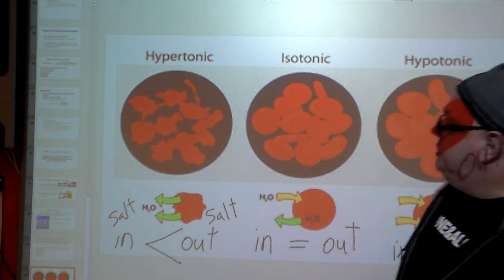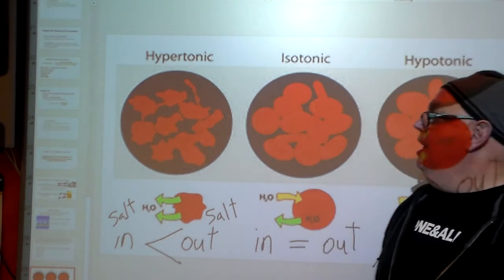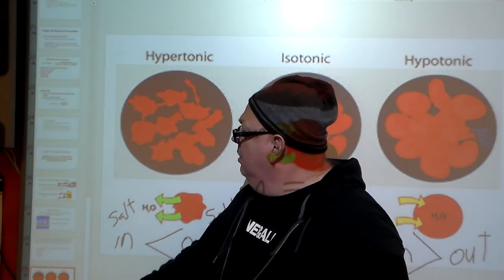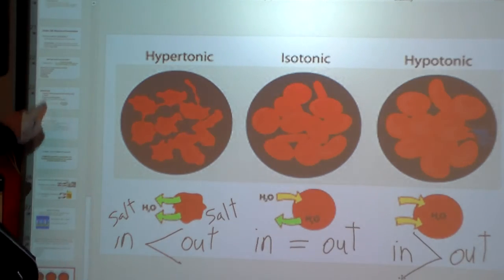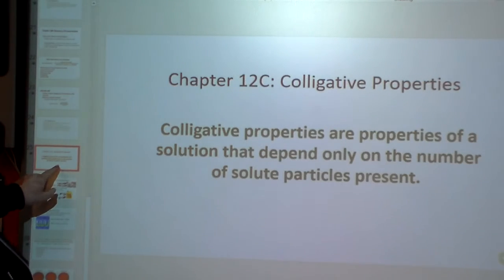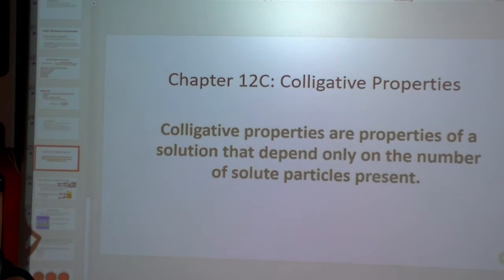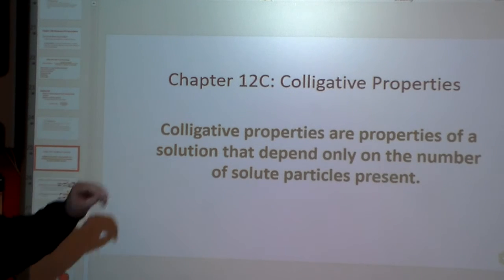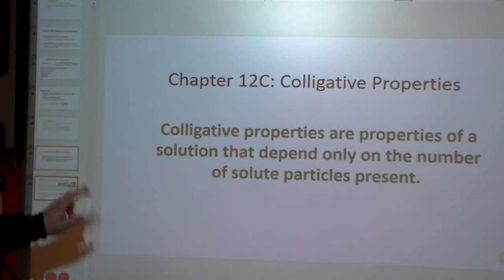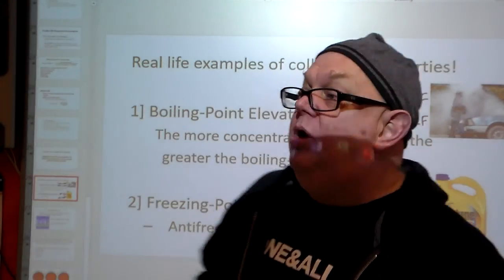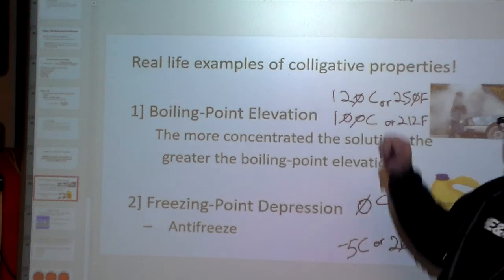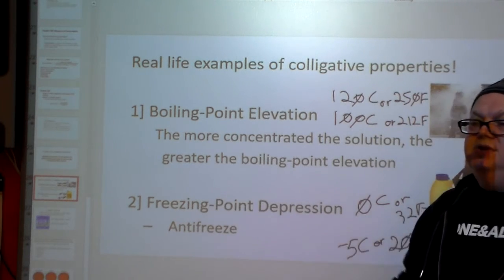Okay? So, with that, ladies and gentlemen, let's do a quick recap of what we have been doing. Okay? We have spoken about colligative properties. Those properties of solutions that depend on how many solute particles we've got. And in that, real-life examples of these colligative properties, we can raise the boiling point, we can lower the freezing point.